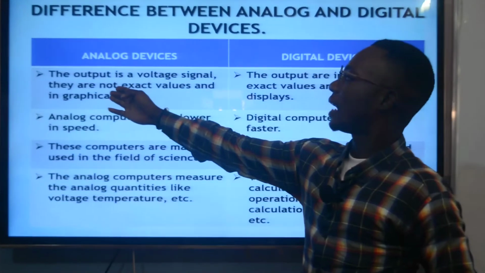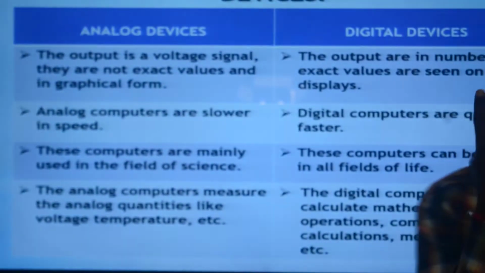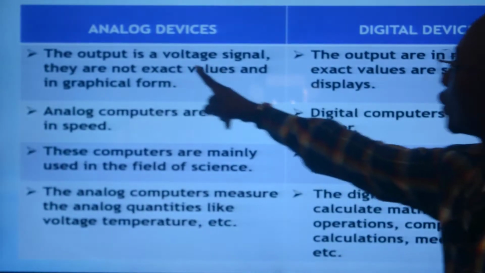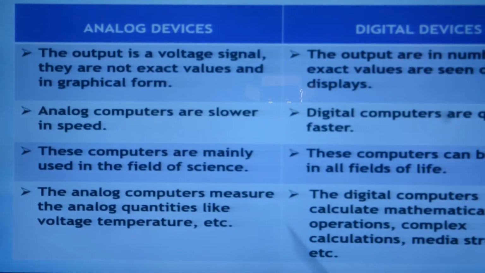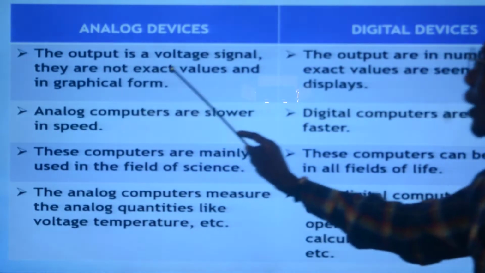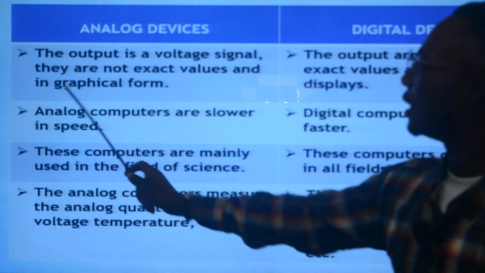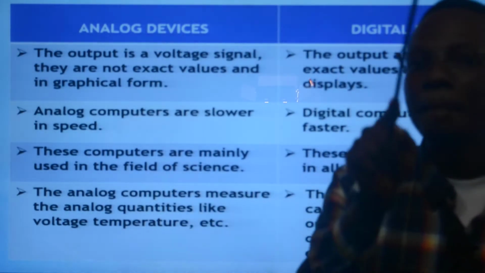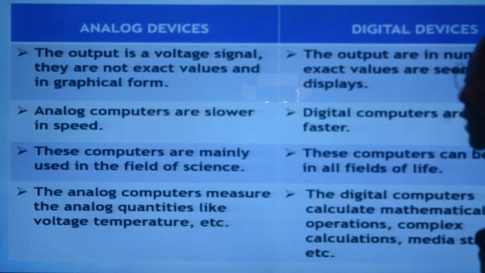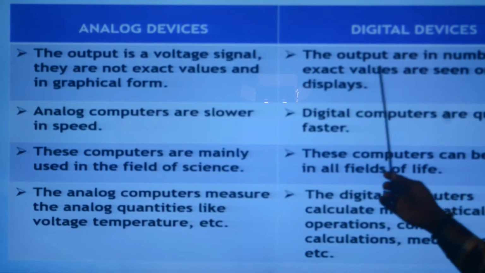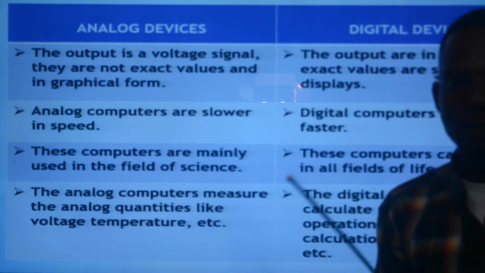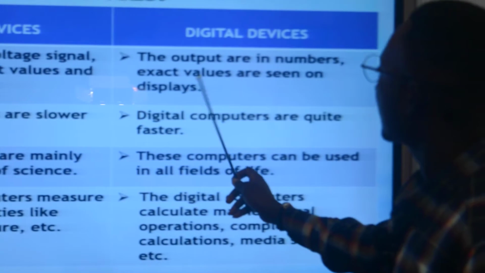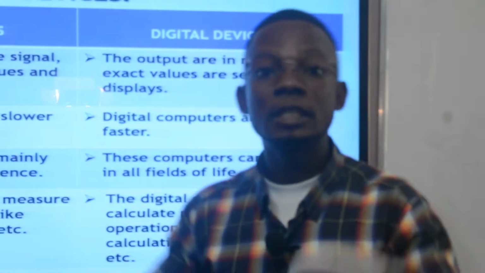The output is a voltage signal. They are not exact values and are in graphical form. But when you get to digital systems, the outputs are in numbers. Exact values are seen on displays.